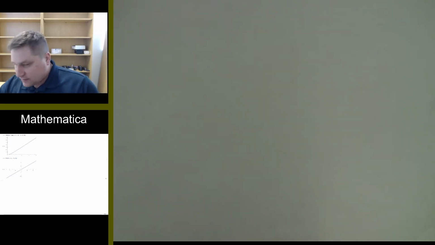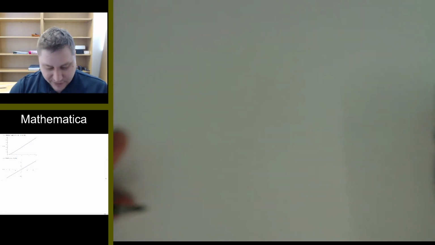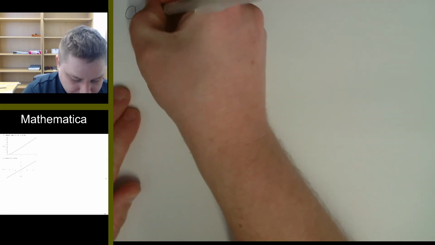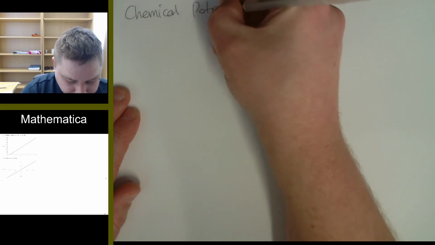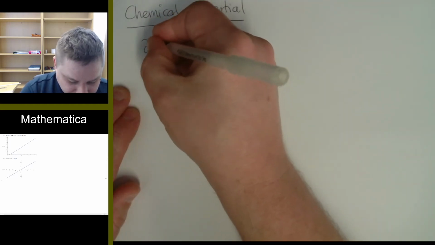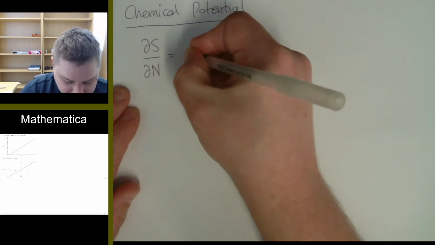Okay, so the next connection we're going to make is to the last derivative we can take of the entropy. And that is the derivative with respect to the number of particles in the system.